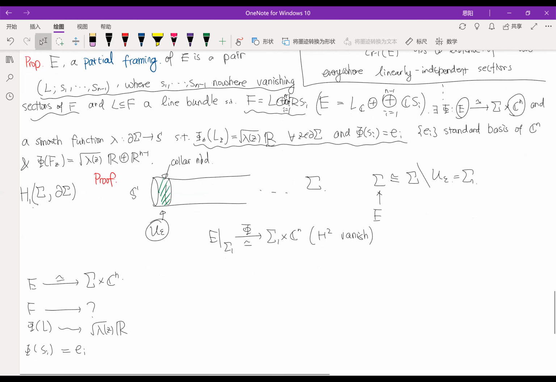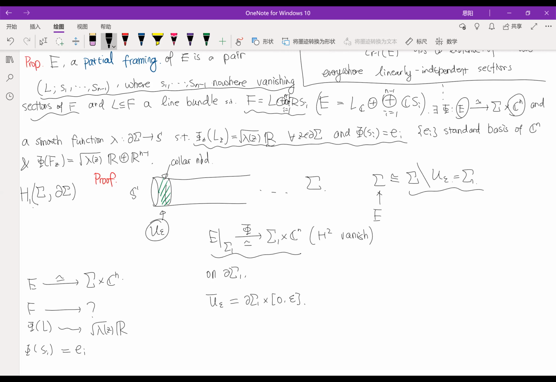So on sigma 1, the restriction is sigma 1 to Cn, and we don't know where we map F. And we know that the closure of U epsilon is equal to D sigma 1 cross [0, epsilon].